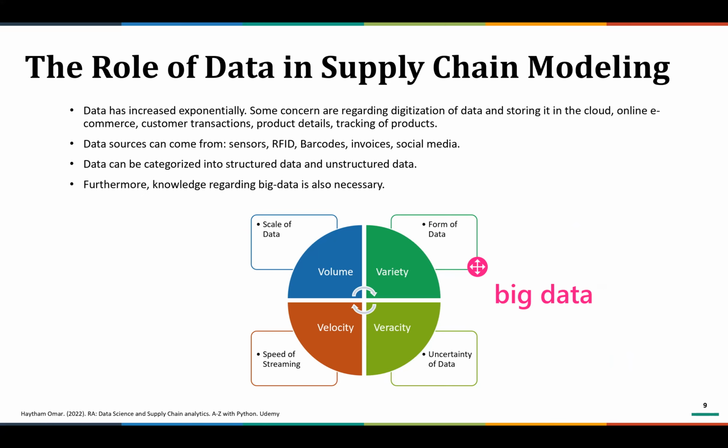Big data is a term that represents data in terms of what we normally call the 4 Vs. Data is considered big data if it belongs to these 4 V characteristics. First is volume, or how large the scale of the data is.